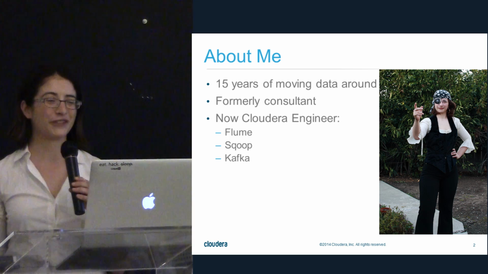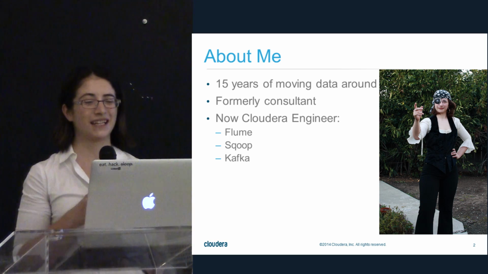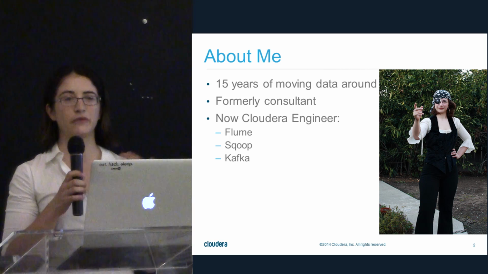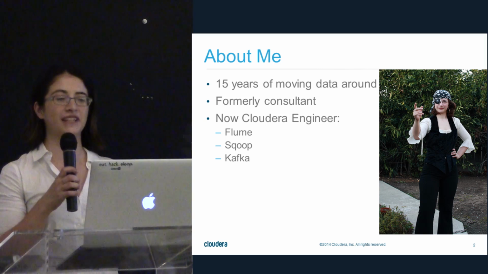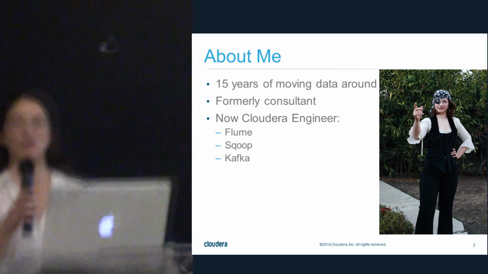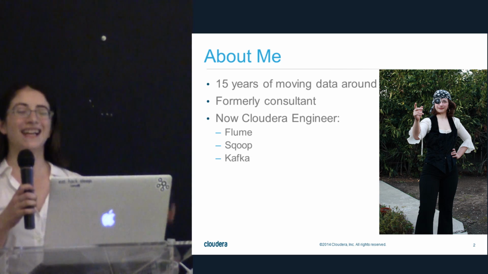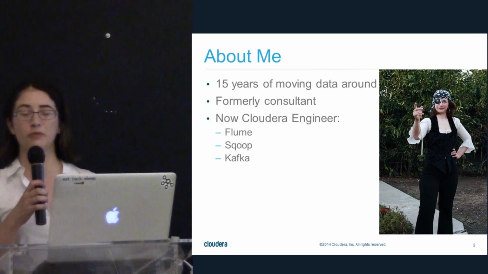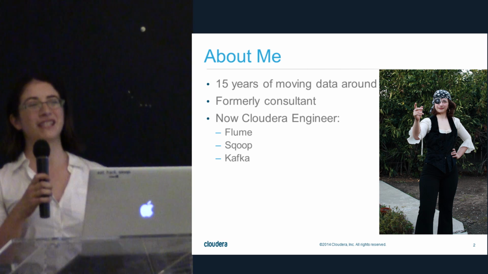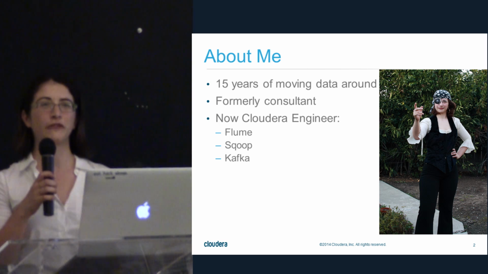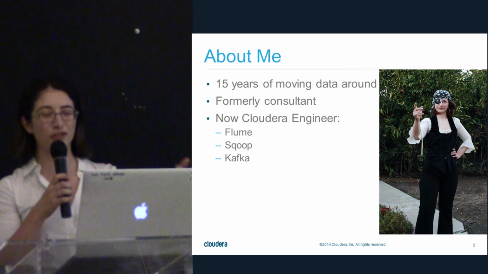Before working for Cloudera, I have a long history working with relational databases. I worked as a consultant, trying to get people to make their Oracle database faster, and then trying to get people to make their Hadoops faster, and then trying to get people to use Hadoop at all because they weren't even good at that. Then I figured out that working with Hadoop is fine once you actually manage to get data on Hadoop.